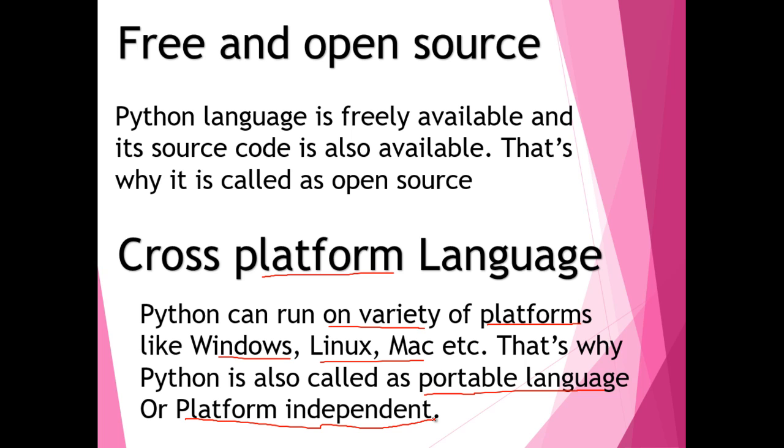So why is it called platform independent? Because it doesn't matter in which operating system the Python code is developed. We can run that code on any system which has any type of operating system. It does not depend on the operating system, so we call it a cross platform language.